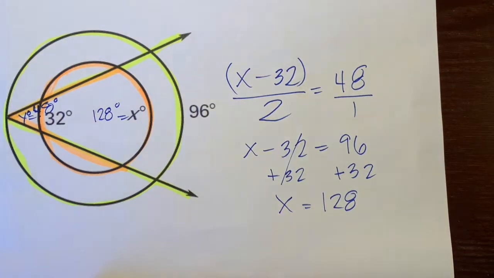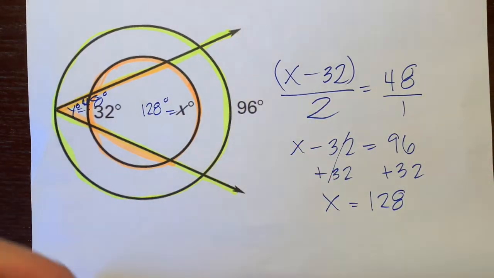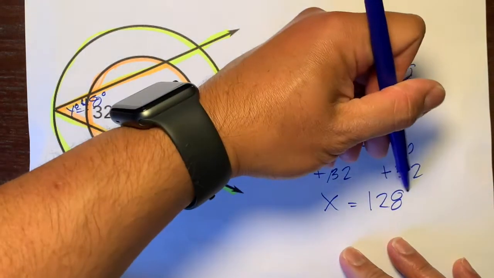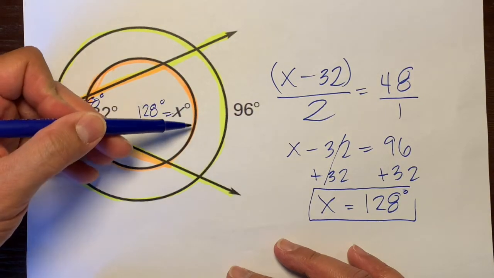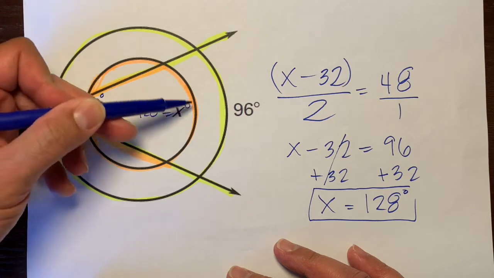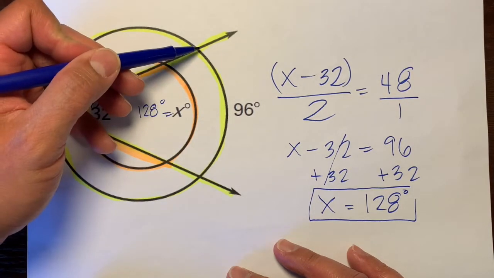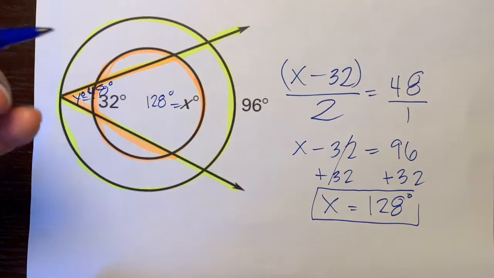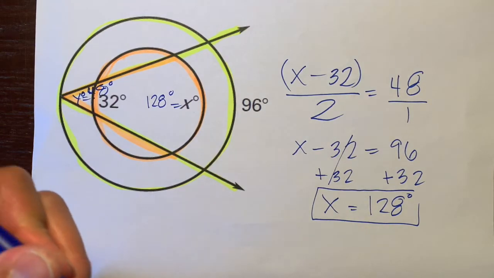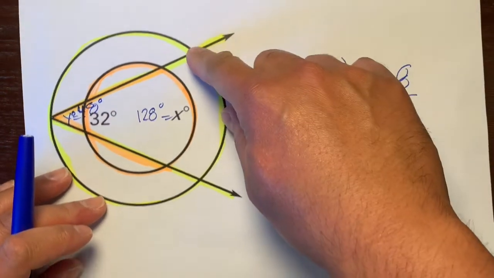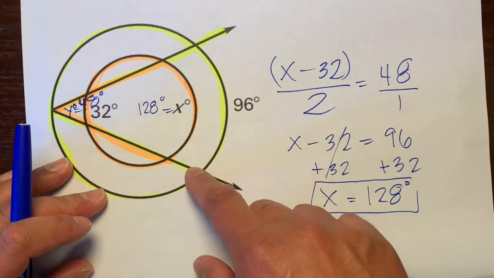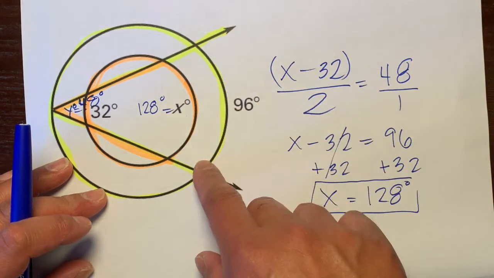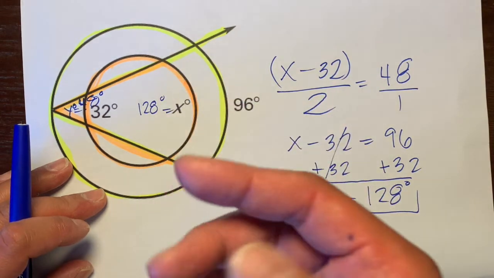Okay. So one thing that may look a little funny is how can this arc be more than this arc right here? Well, here's the thing. We're measuring in degrees, not length. If we took a tape measure and measured this in centimeters or inches, yes, this would be longer than this.